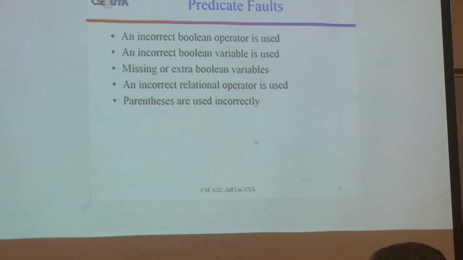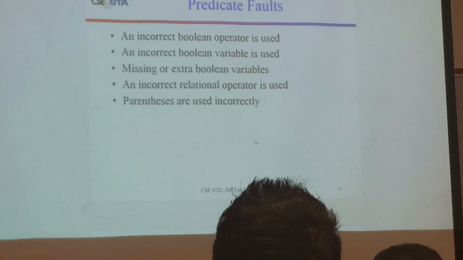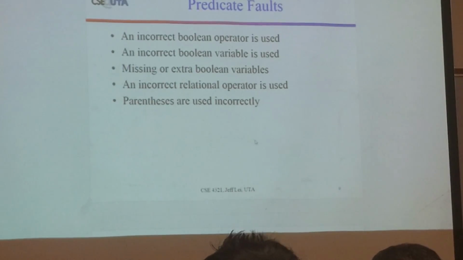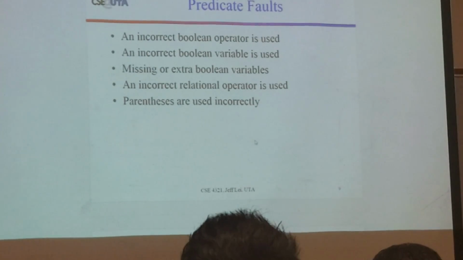about how the system is supposed to work, and that will make you make this kind of mistake. You add some extra Boolean variables in the expression, or you use an incorrect relational operator or incorrect parentheses.